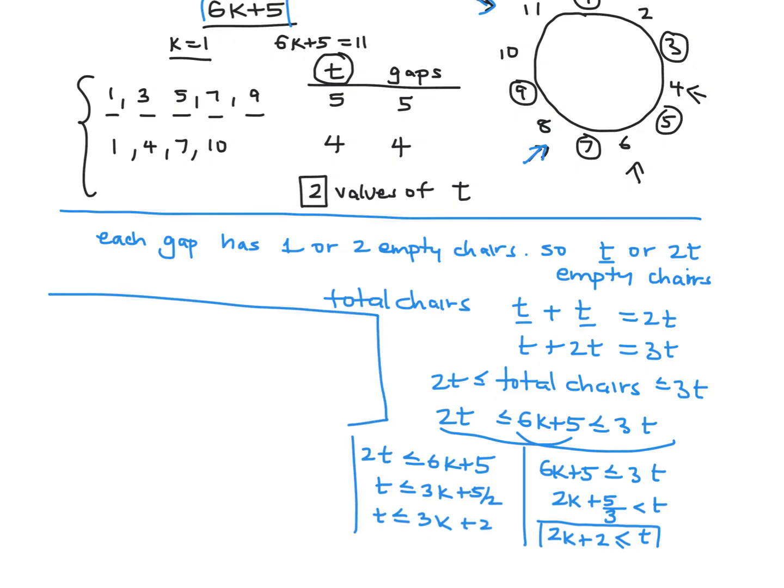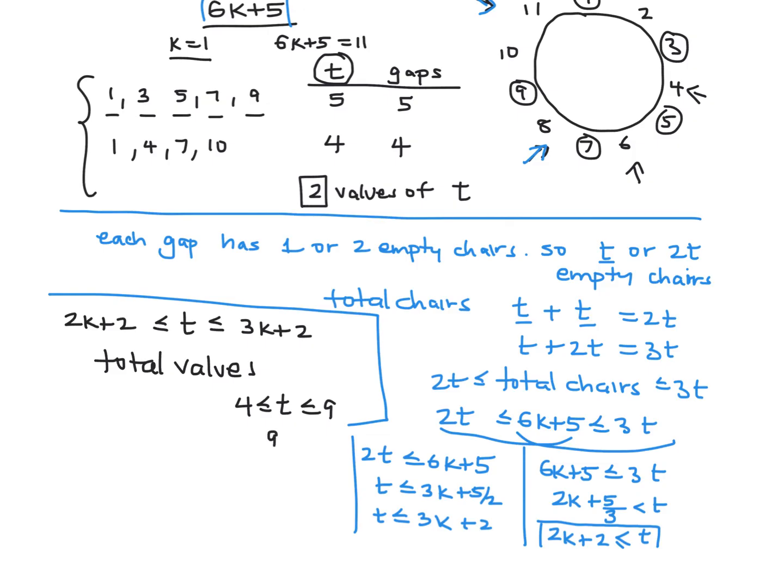Okay, so combining everything, we have t is less than or equal to 3k plus 2, but it's greater than or equal to 2k plus 2. So the total number of values that you can have for t, this is a little abstract, I'm going to give you an example. Let's say t was between 4 and 9.